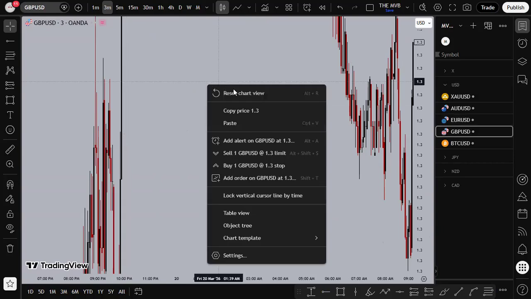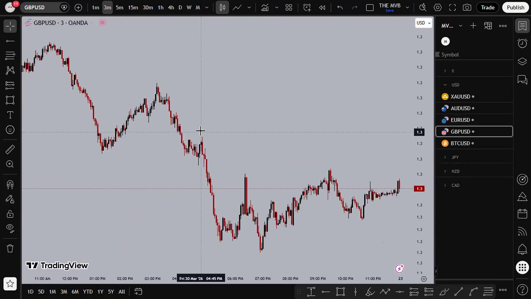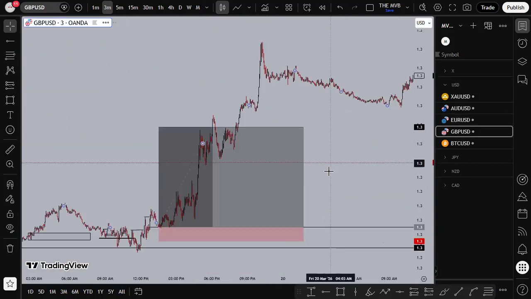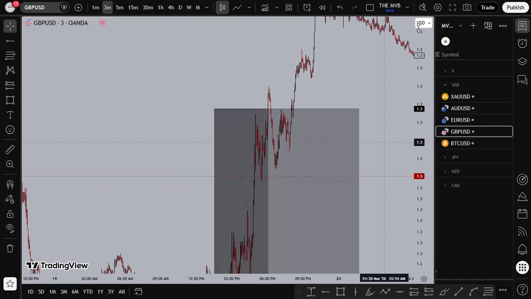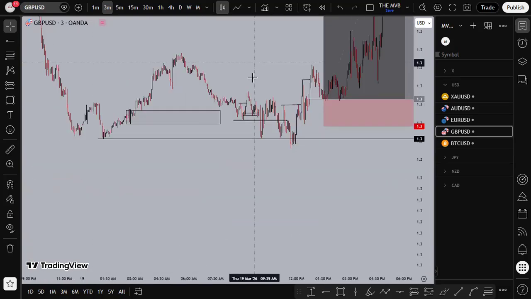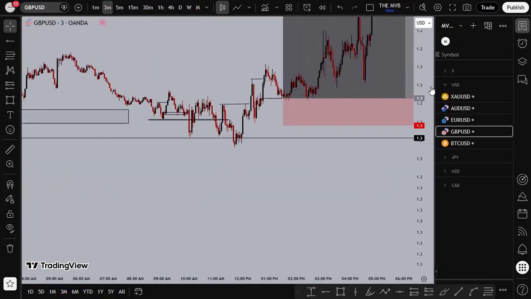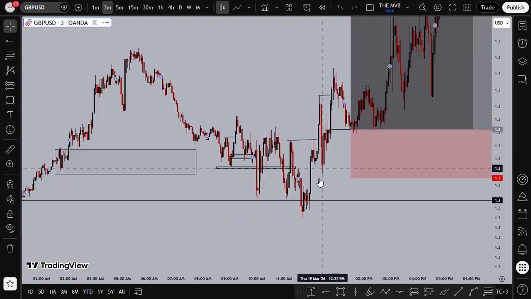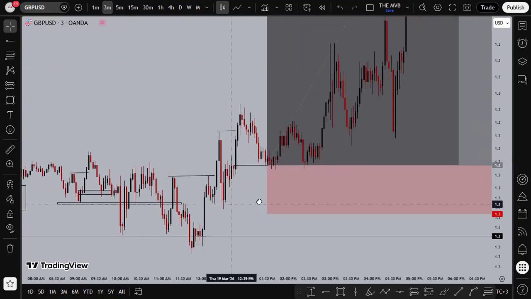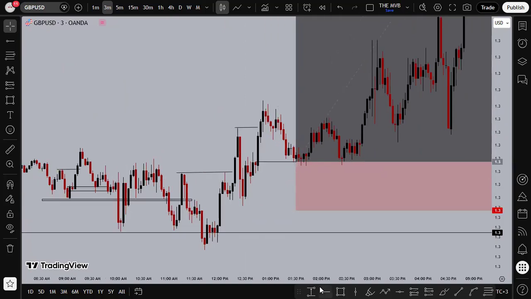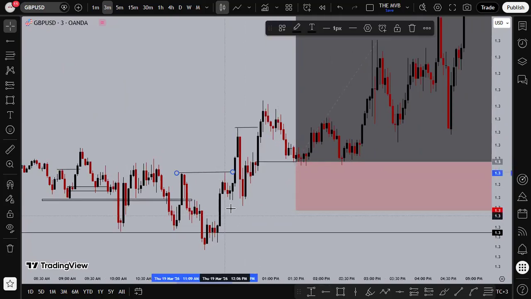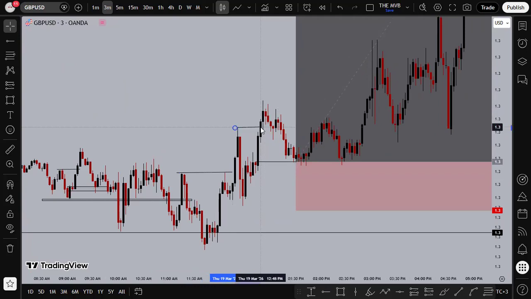GBP USD. This one here, it was a very clean entry. We had our shift, a change of character with inside formation. We're going to talk about the types of shift later. And we had a break of structure with inside formation.